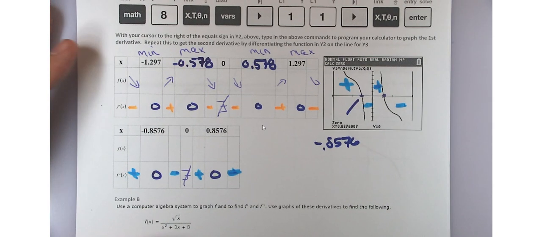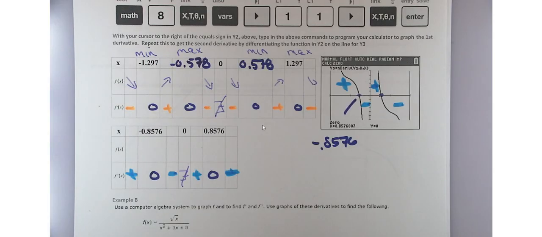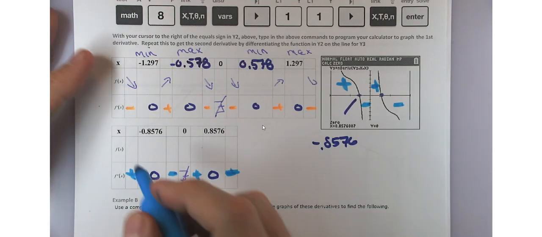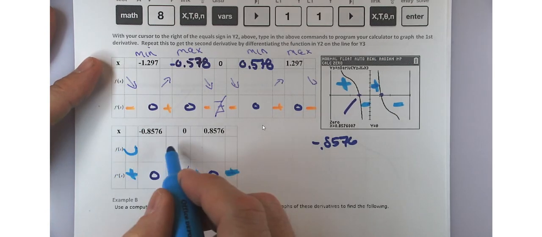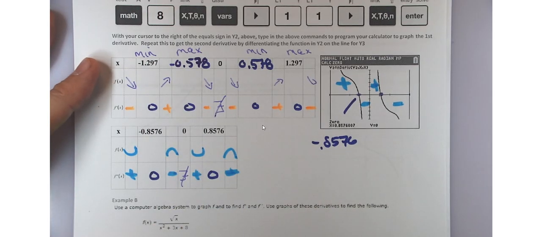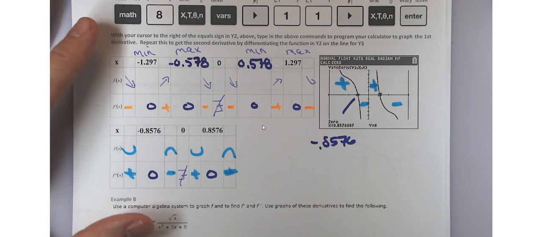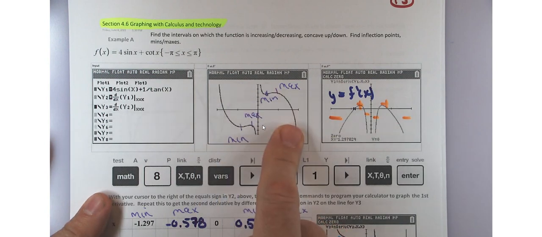Now remember, the second derivative talks about concavity. So what's the concavity for these things here? Faith? Positive, or, whoa, okay, up, and down. Nice. Let's see if that matches the graph. Up, down, and down. Looks pretty good.